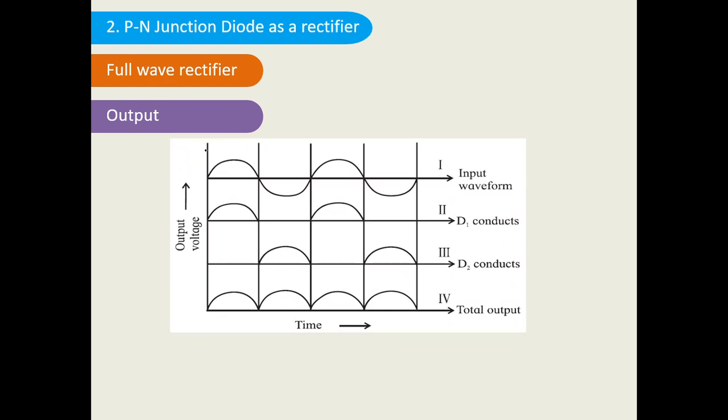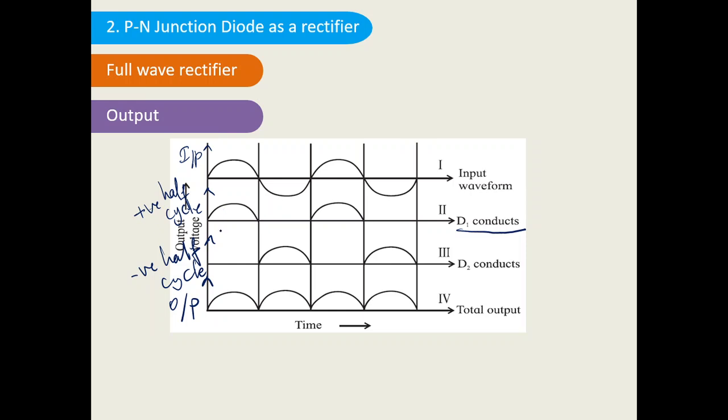Suppose this is the input waveform, this is the waveform for the positive half cycle, this is the waveform for the negative half cycle, and this is the overall output waveform. For the positive half cycle, D1 conducts, meaning D1 is on.